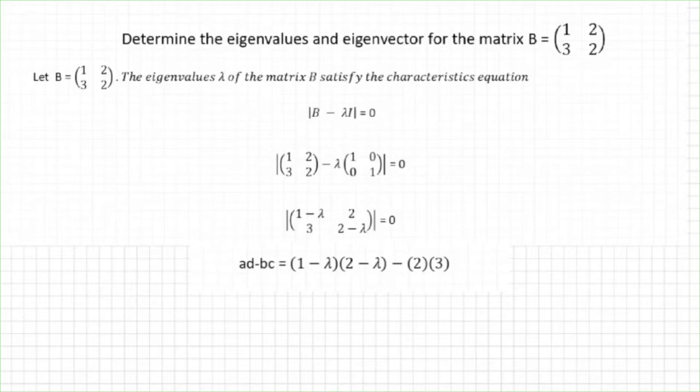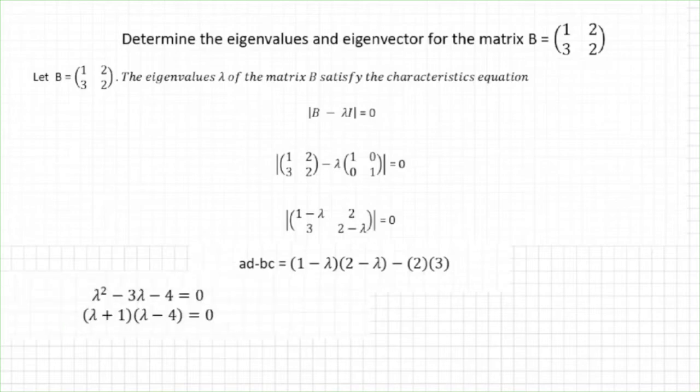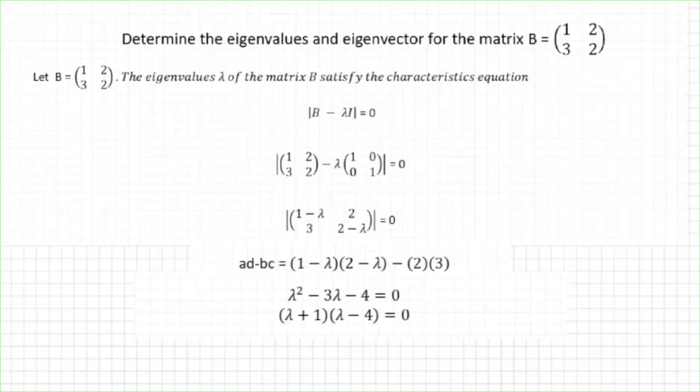First, multiply a and d, that is (1 − λ) multiplied by (2 − λ), then minus b multiplied by c, that is 2 multiplied by 3. Then we will get λ² − 3λ − 4 = 0.